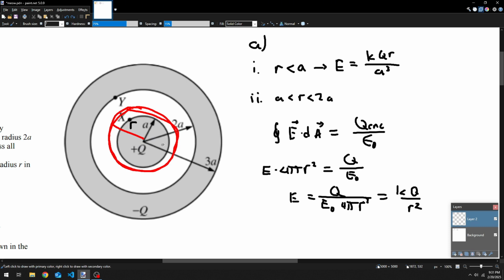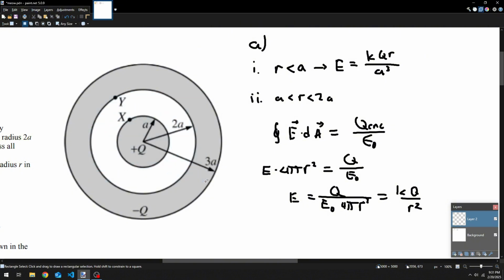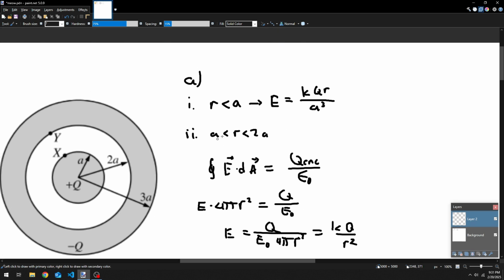So the electric field based off this sphere, when we're in this space over here, is the same as the electric field as if we had a plus Q. That's just a little hint that comes in use later. So this answer is E equals kQ over r squared.